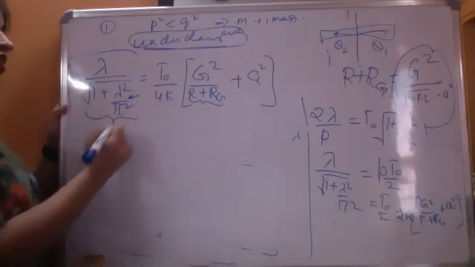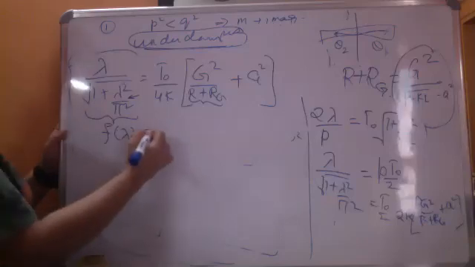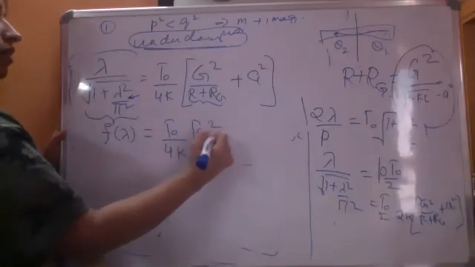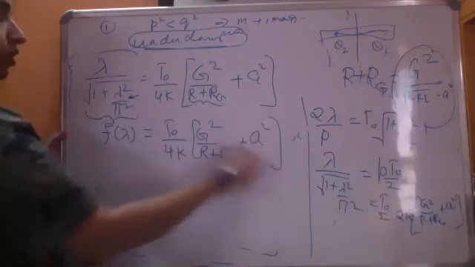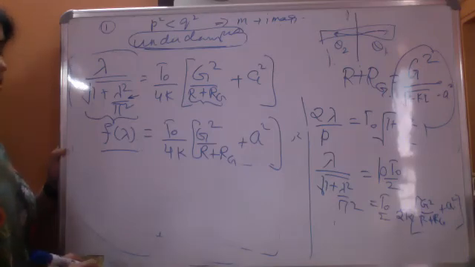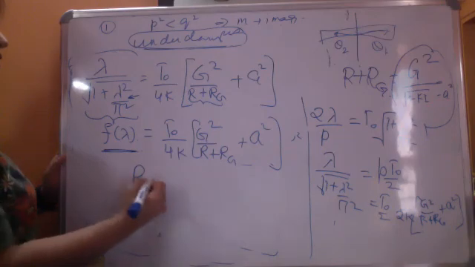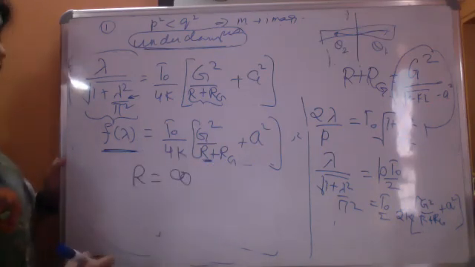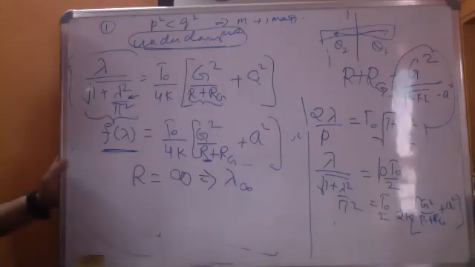I call this quantity some function of lambda, f lambda, and rewrite this equation. Now this function has a few interesting properties. If I look at the value of this function for R equal to infinity, I call the corresponding value of lambda as lambda infinity.